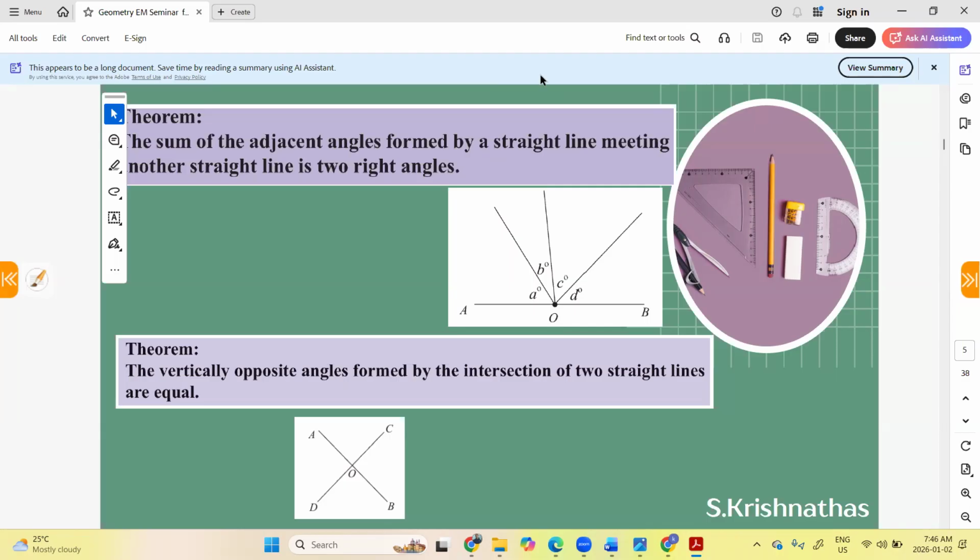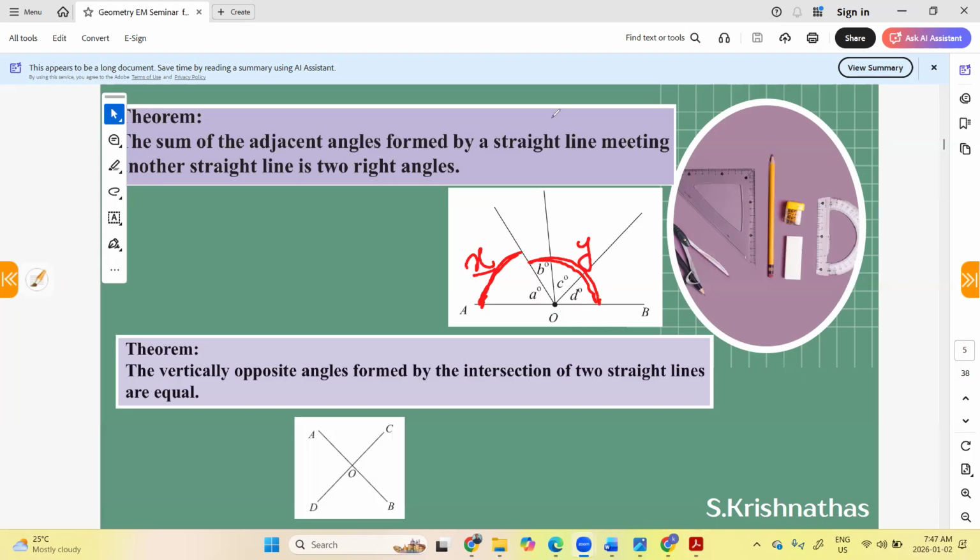Okay. Here, students, they mention the adjacent angles. So we can take this one and this one as adjacent angles. Okay. These two adjacent angles are 180. These two adjacent angles lie on a straight line. So if you mention this one x, this one is y, x plus y is 180. Okay. X plus y is 180.